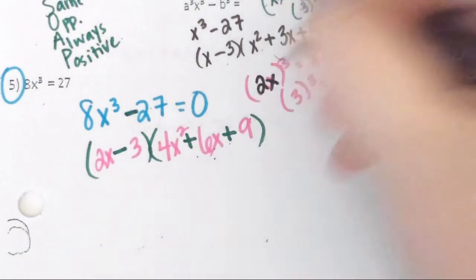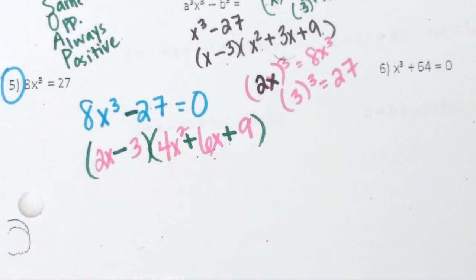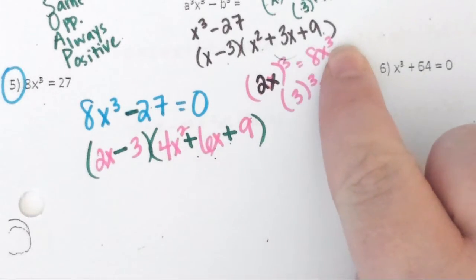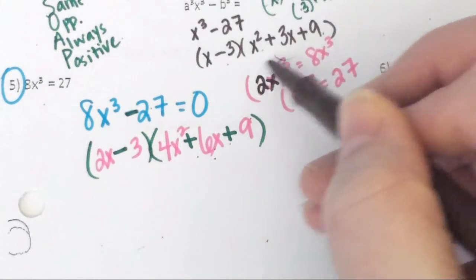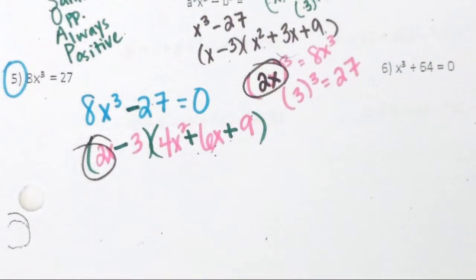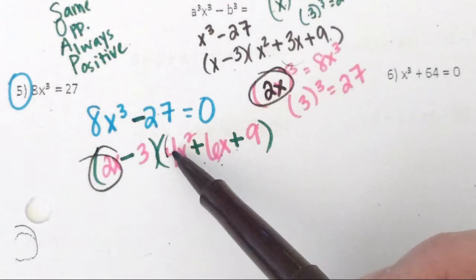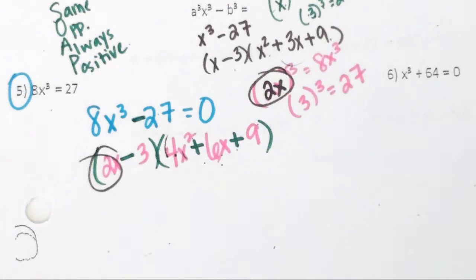Are there any questions about how we got 2x? Okay, because 2 cubed is 8, and x cubed is x cubed. And then we're still doing this guy goes in this front slot. You square this guy to get this slot. So 2 squared is 4. x squared is x squared.